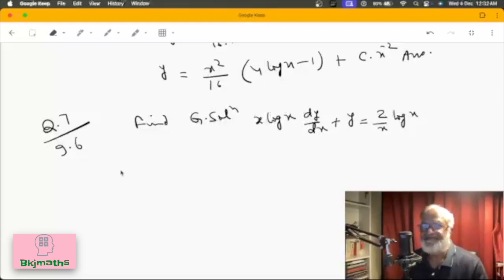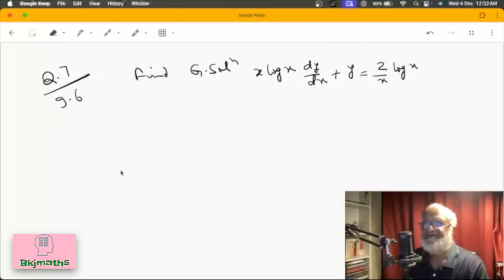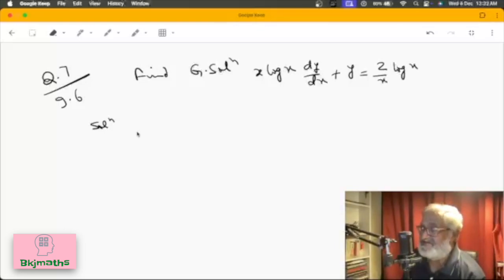So first convert the equation into the standard form, dy by dx plus py equals q. So the coefficient of dy by dx must be 1 and here it is x log x, so divide the entire equation by x log x.